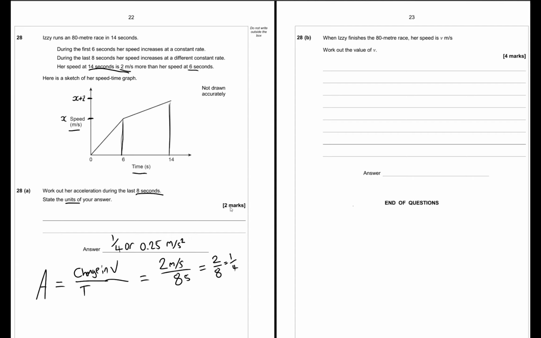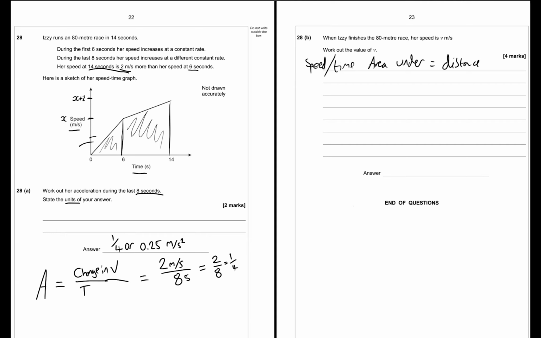Okay, so how can we do that? Let's write it down. Speed time graph, area under equals the distance, right? So let's find this area.